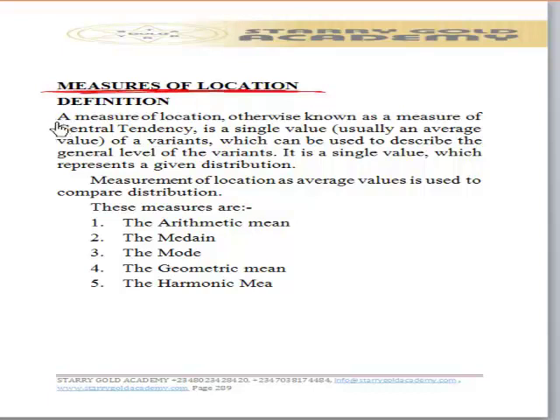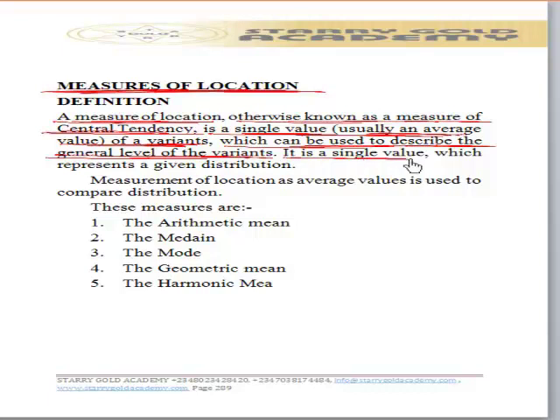When we talk about a measure of location, like I said, it is otherwise known as a measure of central tendency. It is commonly regarded as a single value, which is usually an average value of the variance, and this can be used for describing the general level of the variance in any given statistical data.